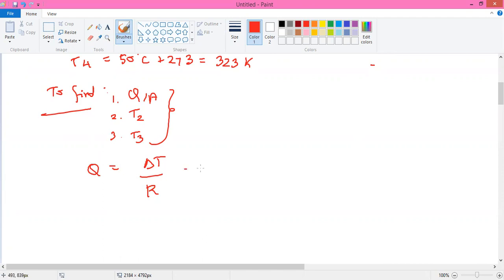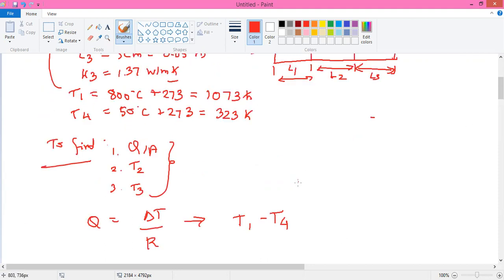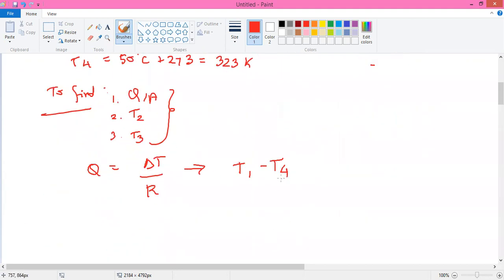Del T is the change in temperature, from initial to final temperature, T1 minus T4. The temperatures T2 and T3 in between we will find later, but the total heat transfer rate uses initial minus final, that is, the initial temperature 800 minus 50, the final temperature. R is the thermal resistance.